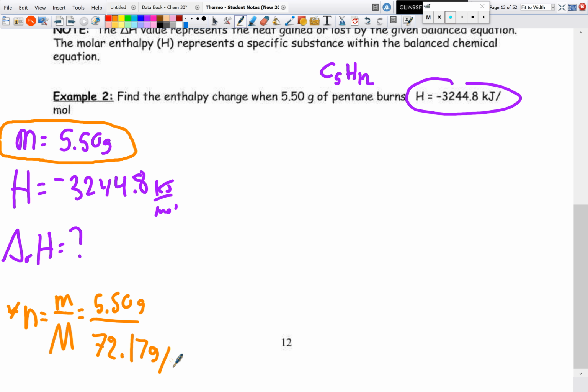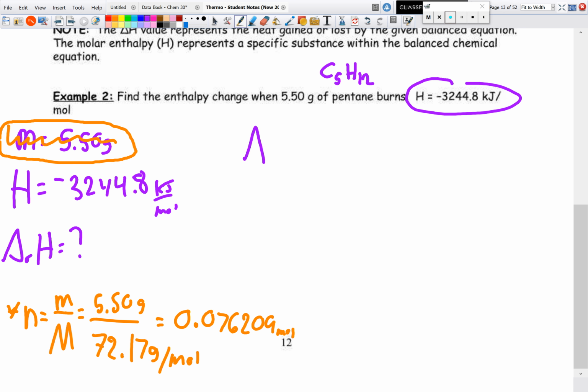But when you add up 5 carbons and 12 hydrogens, you should get 72.17 grams per mole. And that leaves us with the number of moles, 0.076209 moles. So we don't need to worry about that and can use our value for n down here.